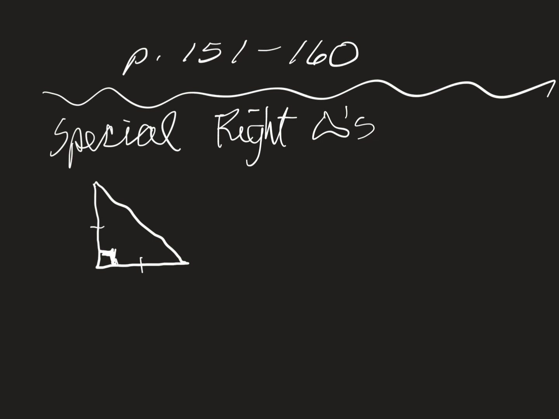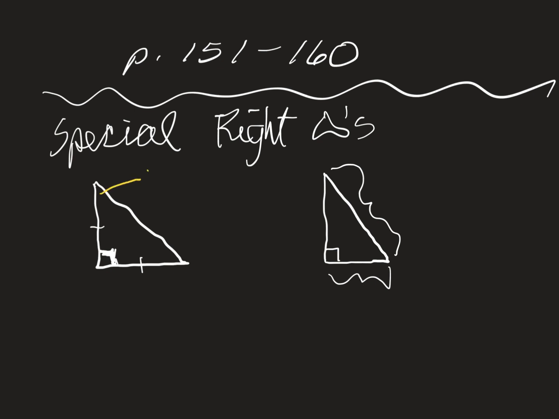Do you remember what the measures of those angles were? What about this one? When I draw this one, it turns out the hypotenuse is going to be twice as big as the shorter leg. Do you remember what the angles were for this right triangle? Thinking. All right, let's see if you were correct.